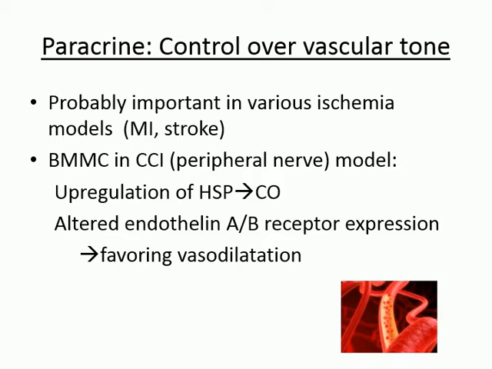So there were two pretty potent cues that probably allow some control over local vascular tone, and you can imagine in models like MI and stroke, which are largely ischemic, or in this kind of constriction model, which certainly has an ischemic component, that the cells could be mediating a therapeutic effect through this particular paracrine mechanism.